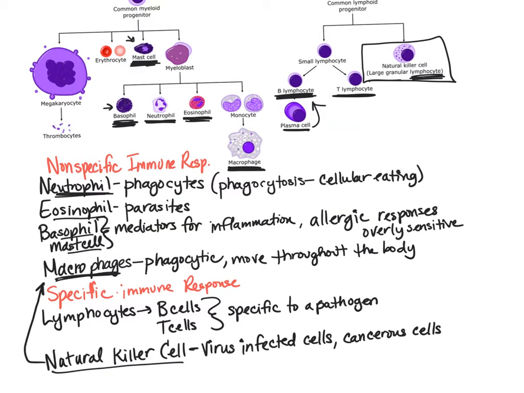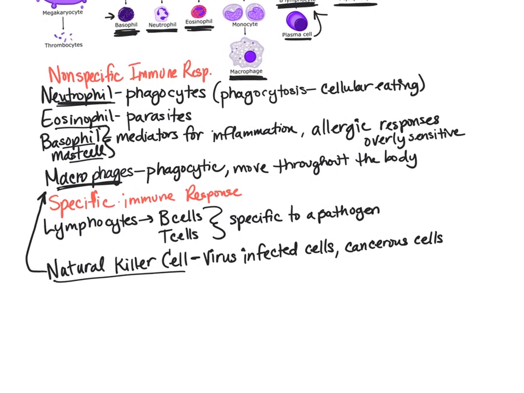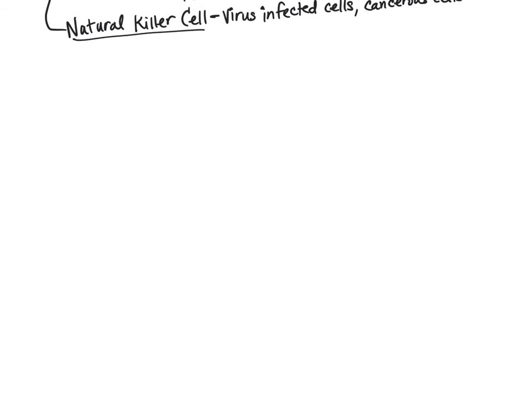So these are all the different types of cells that you should be familiar with, and we're going to talk about these and how they relate to the different types of the immune system as we move forward. As I mentioned, we split up the immune system into pieces.